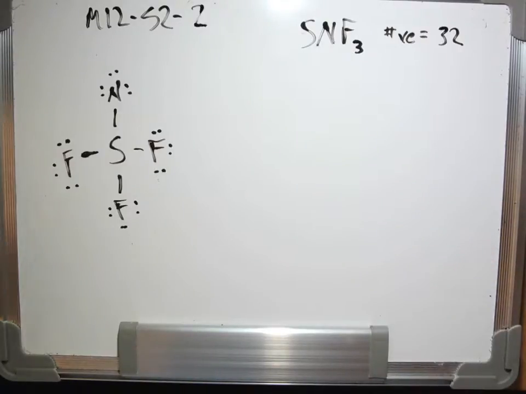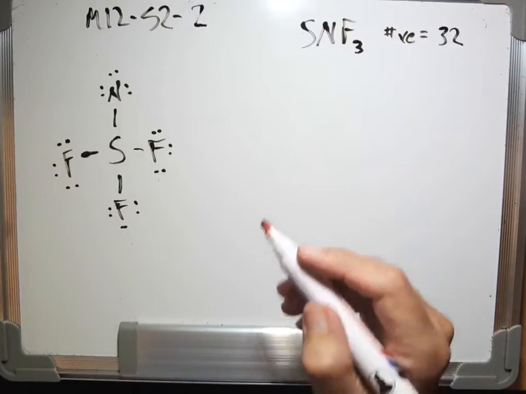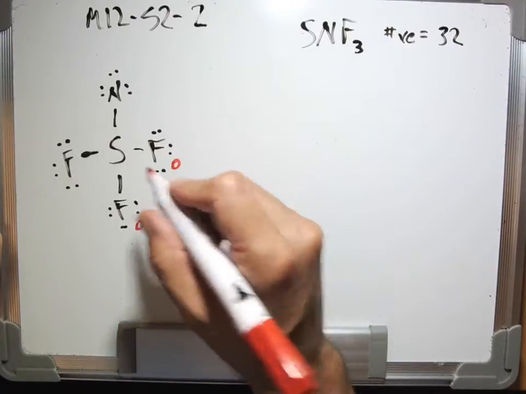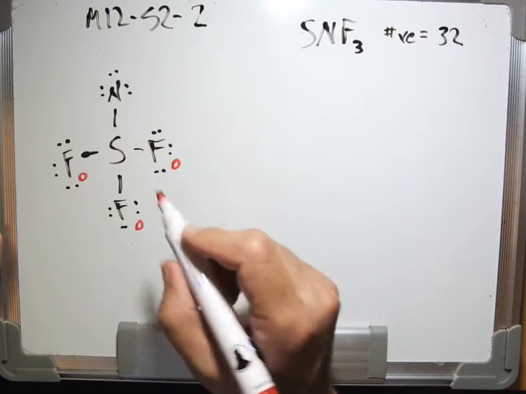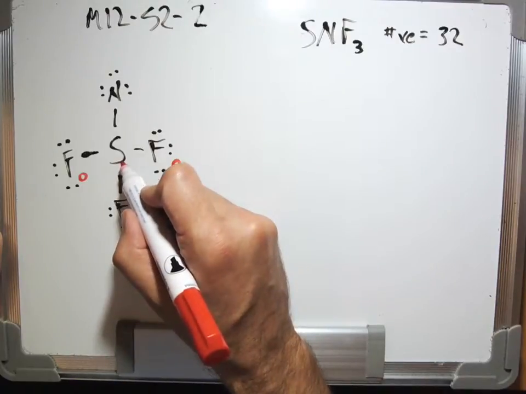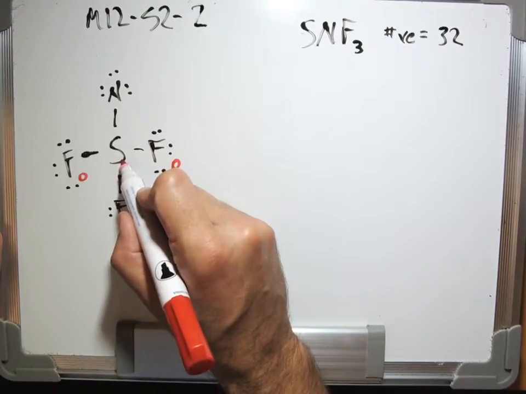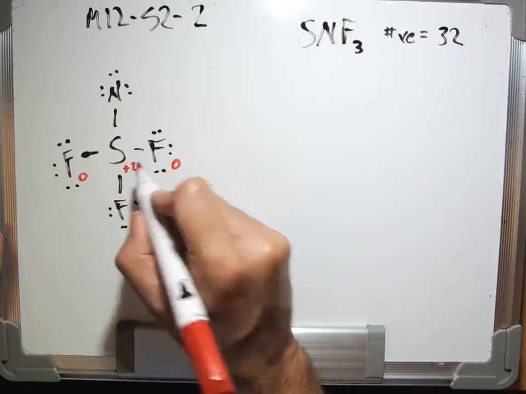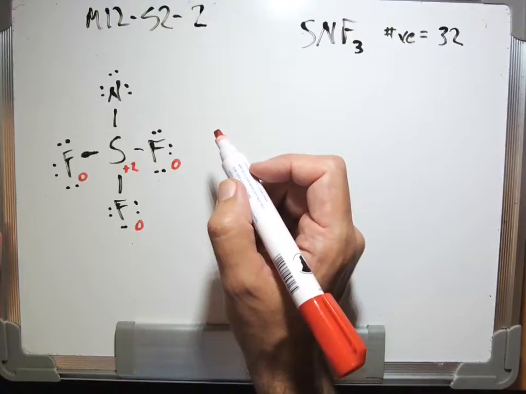I could consider this a contributor to the resonance hybrid, but to what extent does it contribute? Let's assess the formal charges. Each of these fluorines would be 0. Sulfur in group 6, so it's 6 minus the sum of 0 and 4. As it stands right now, that sulfur has a +2 oxidation state.